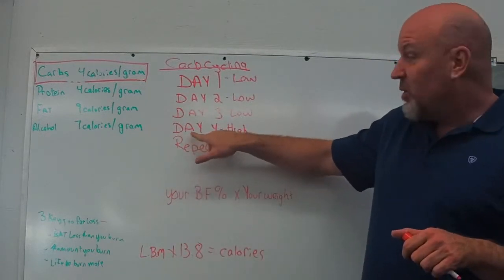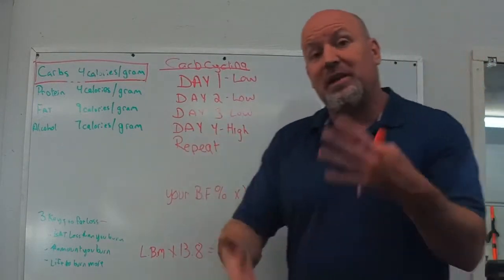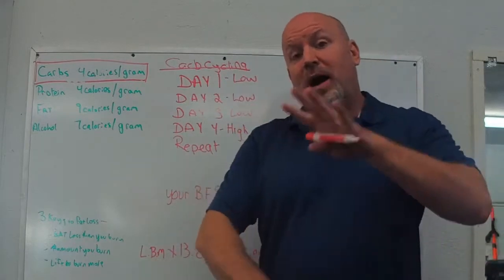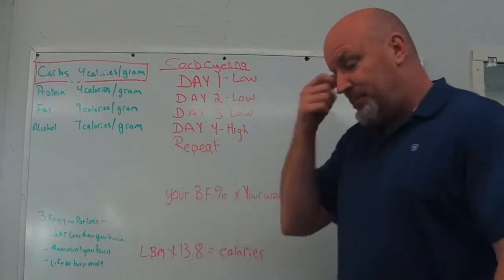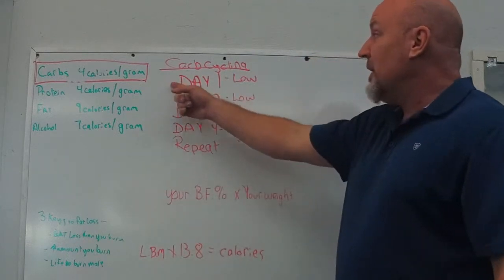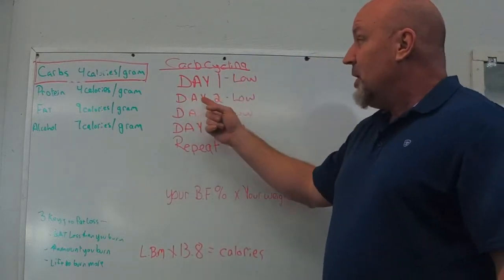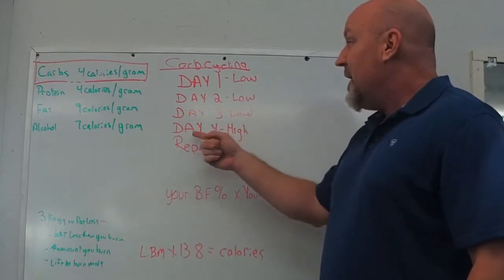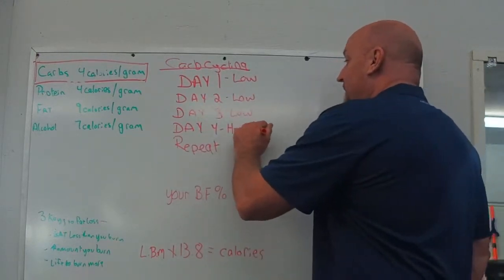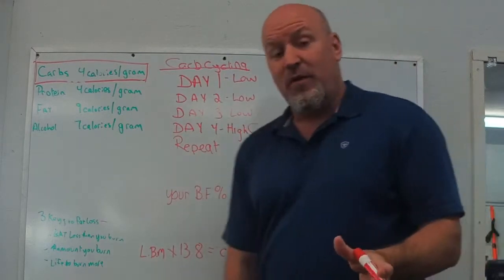A little bit at day 4, day 5, day 6, we start to get into that phase where our body's starting to change. We want to avoid that. So we do a low carb day on day 1, low carb day on day 2, low carb on day 3, and then we have a high carb day on day 4.